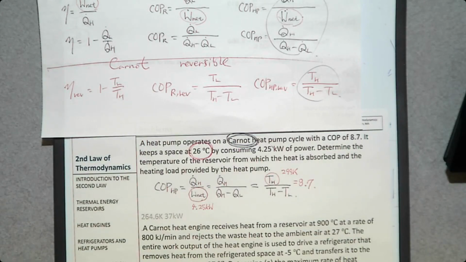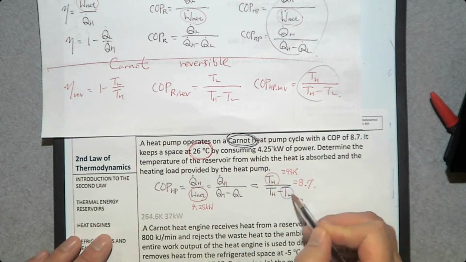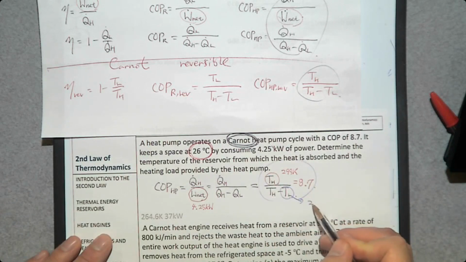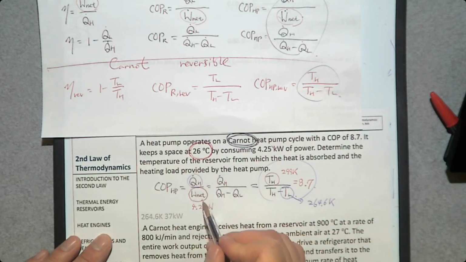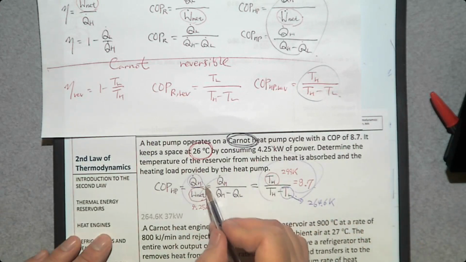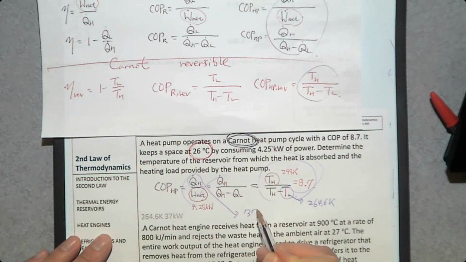That means TR. And the heating load provided by the pump. That means Q dot H. Can you do that? Yes, you can. Pretty simple, right? So if you calculate this one from this part, 264.6 Kelvin. If you get this one from these, you get 37 kilowatt.